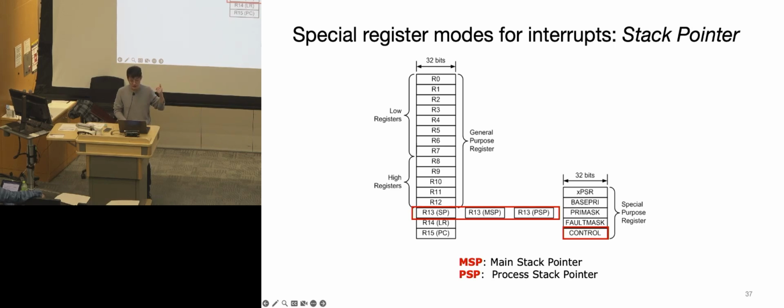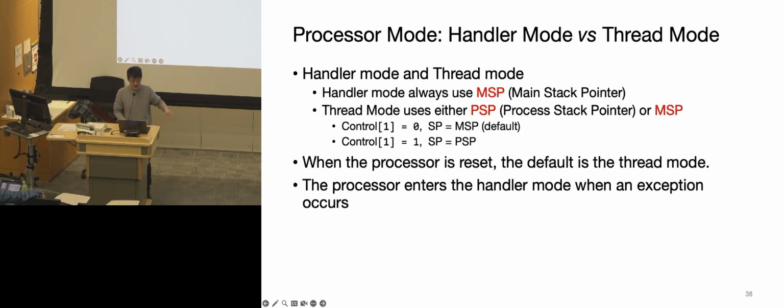The MSP, or main stack pointer, is primarily used for our class. Just a little bit more detail here: in handler mode, we usually use MSP because it's more privileged.